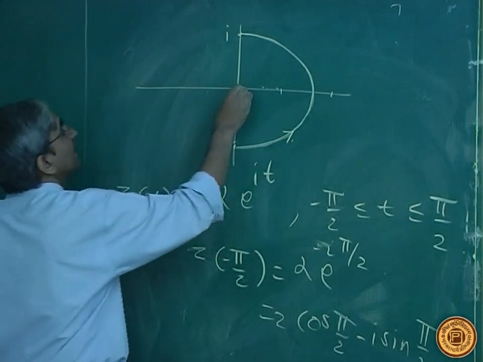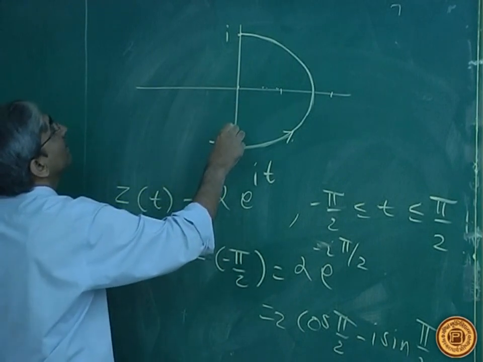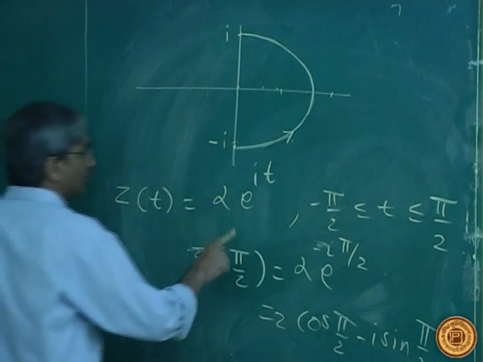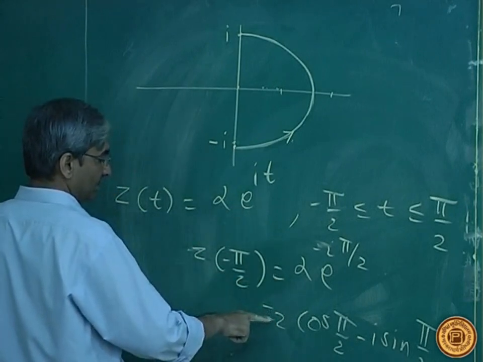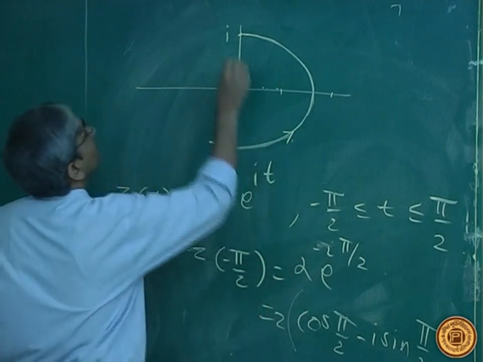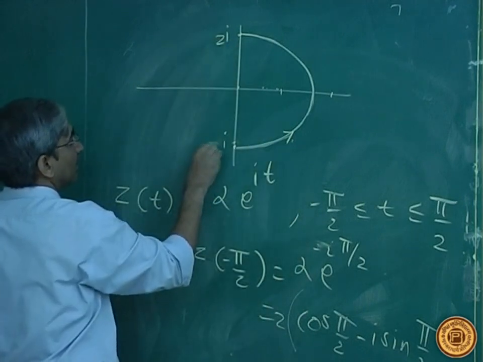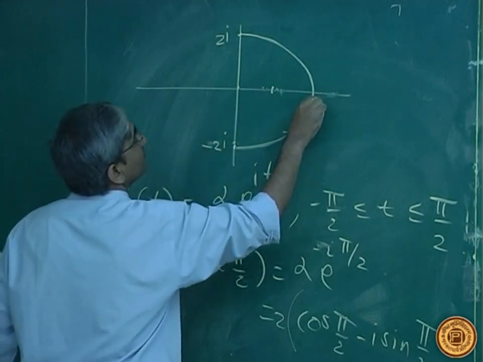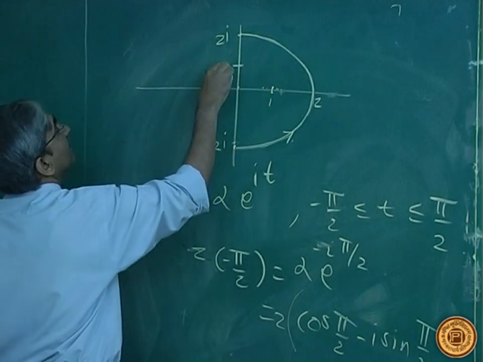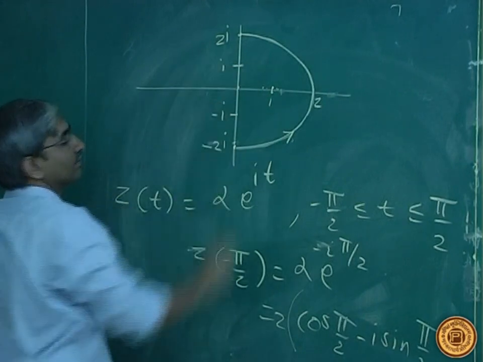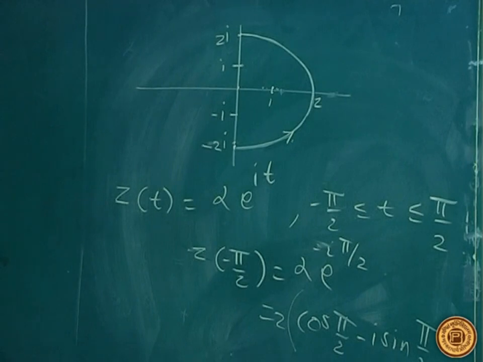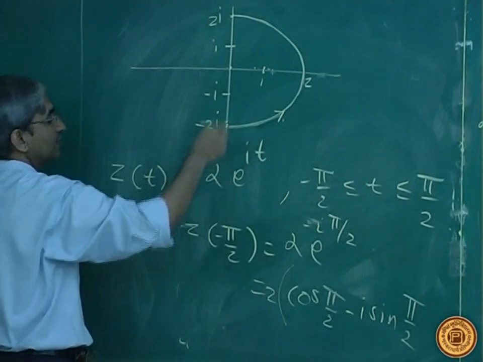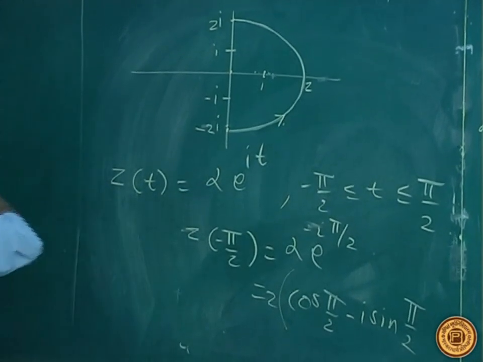So this is a circle with center at origin. It should be 2i and minus 2i here, and this is 2, this is 2, this is 1. So it is a circle with center at origin and radius 2, like this. So this is the curve z t.